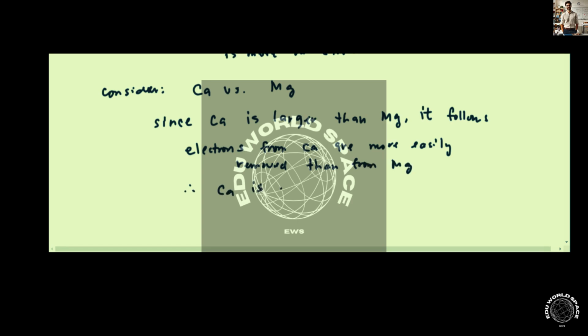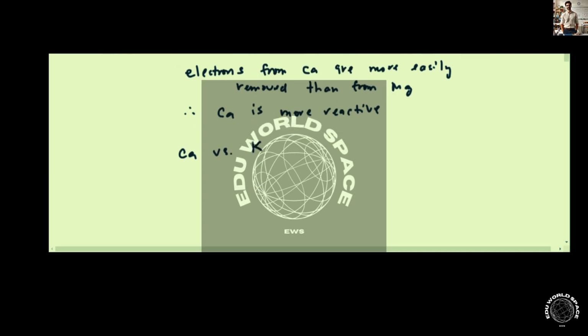Now let us consider calcium and potassium. So calcium is found in the second group of the periodic table and thus contains two valence electrons, whereas potassium is found in the first group and thus contains one valence electron.